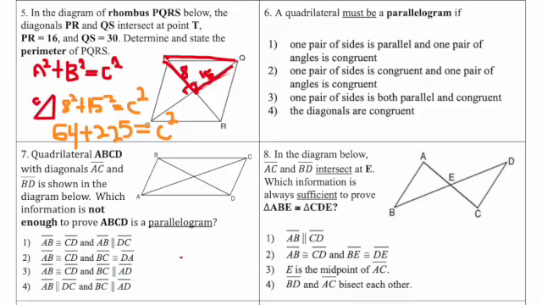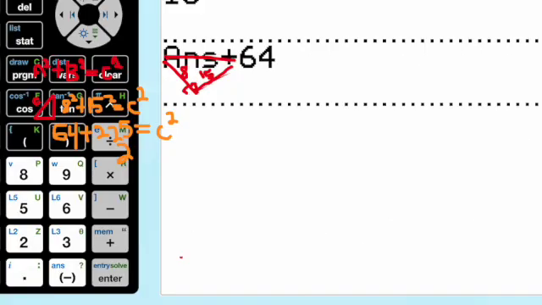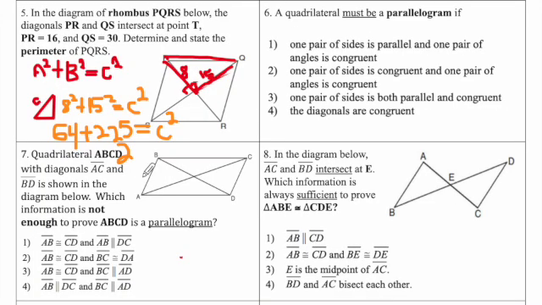Okay, so there's lots of different ways you can decide how you want to do that. 289 equals C squared.